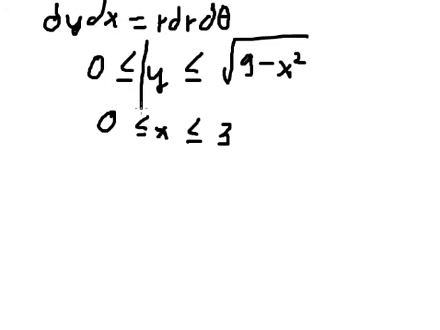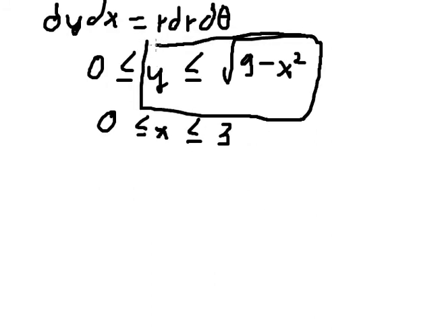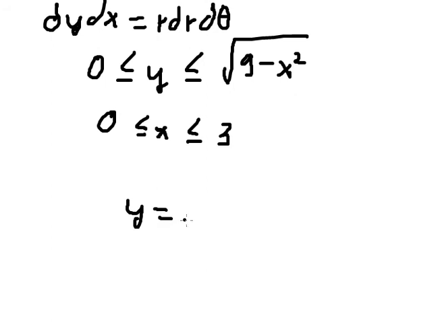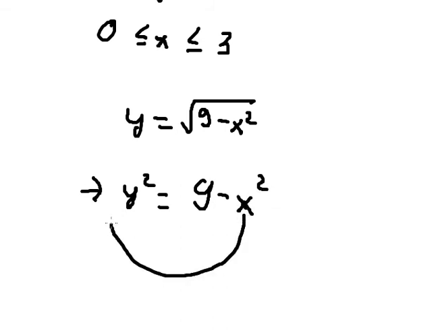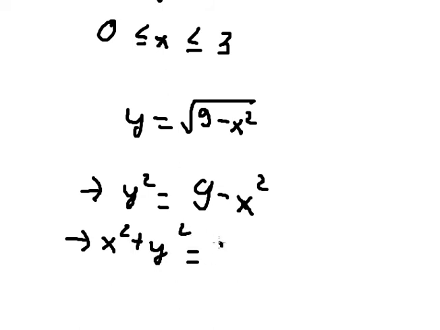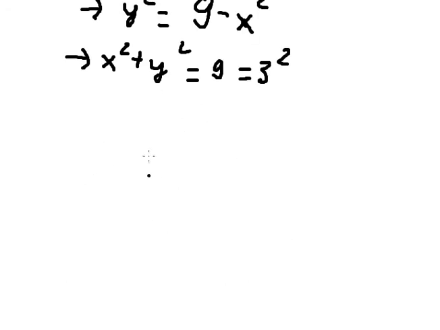And now we just consider this one. Now we put the power 2 for both sides to cancel the square root, and this one I will put in here. And we have 3 to the power of 2.